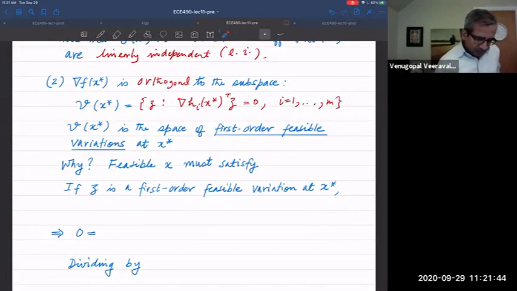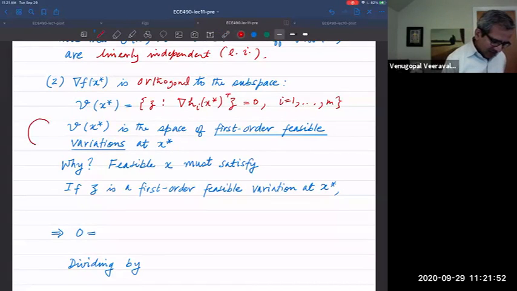Remember that you have some constraints, just like, for example, the circular constraint that we had in 2 dimensions. What are the feasible directions? You have to remain on the circle. So at any point here, I can go this way or that way locally, but that's all. I can't go this way, I can't go that way.